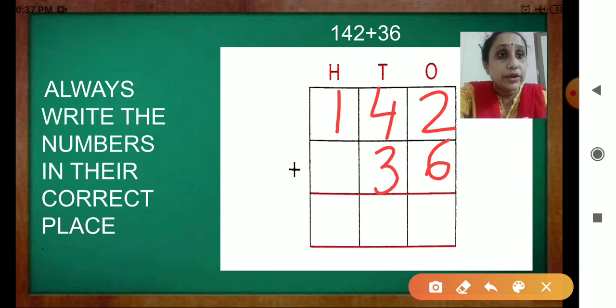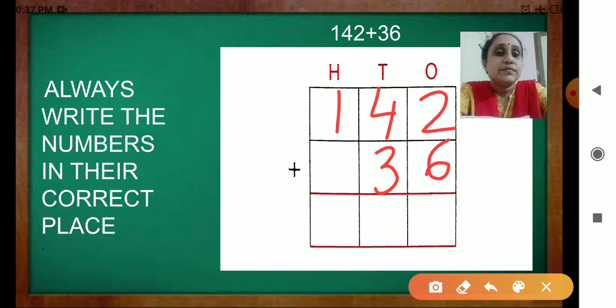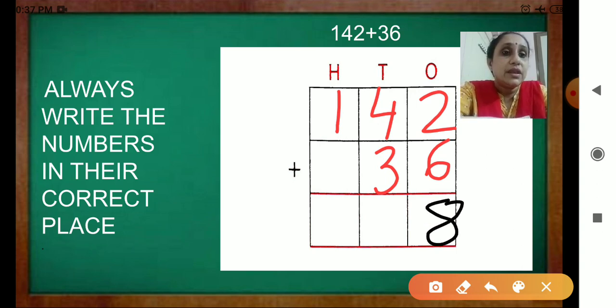Understood how you will write down the numbers? If you write like this, it will be correct. So we will add the numbers and don't forget to put the plus sign. Now first we will add the ones. 2 plus 6. How much? Who will say? It is 8. Then 4 plus 3.